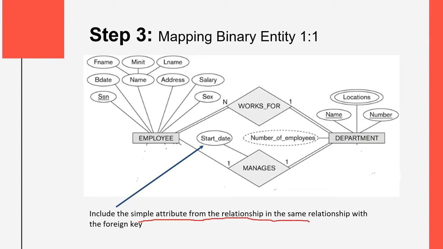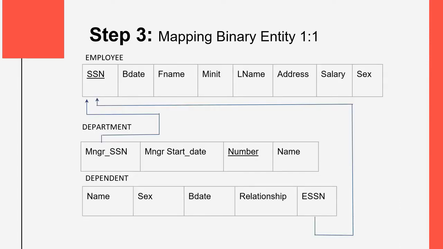Okay, last but not least, for that relation, you have to include the simple attribute from the relationship in the relation with the foreign key. So you must also put this start date in the department, where the foreign key is.